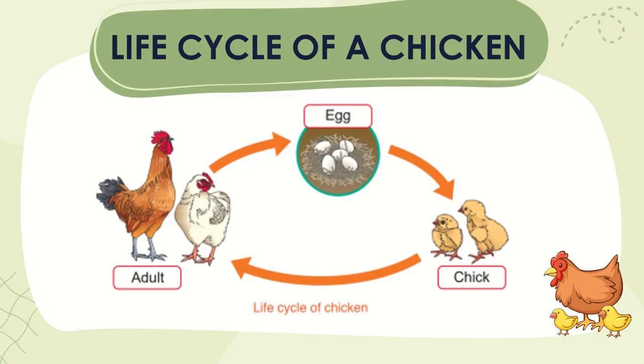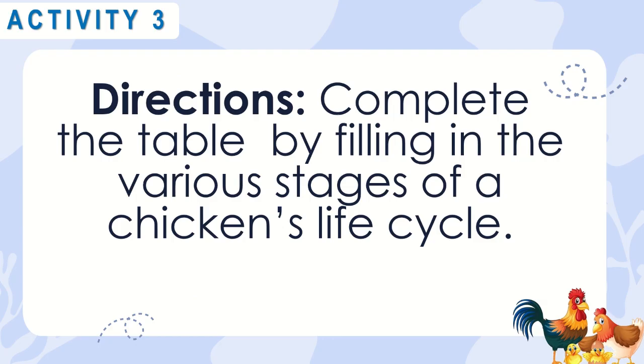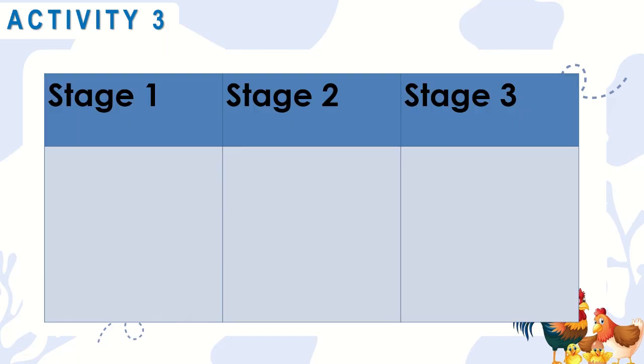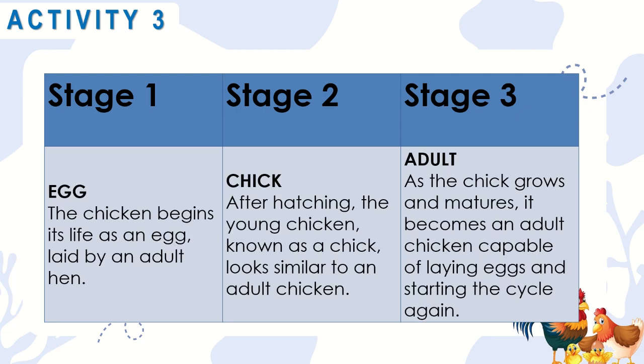Here is the illustration of the life cycle of a chicken. It starts with egg, developed into chick, and turned into an adult. For activity number 3, complete the table by filling in the various stages of a chicken's life cycle. Let us now answer. For stage 1, we have egg.